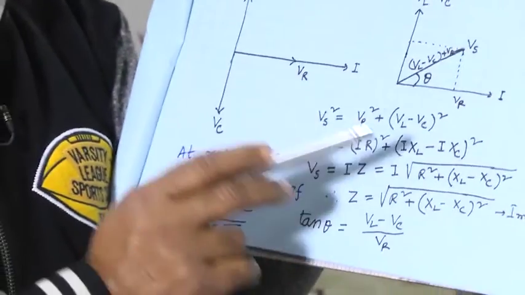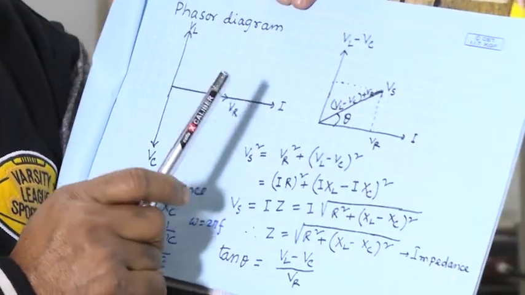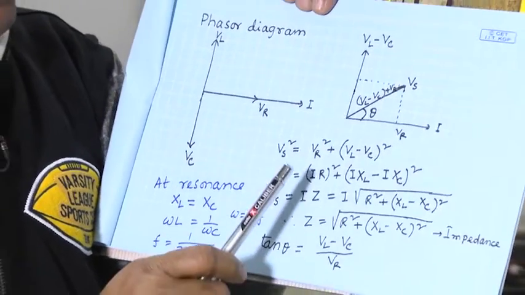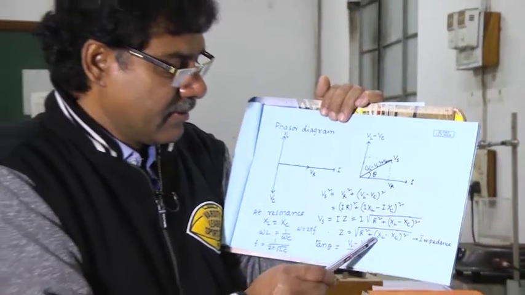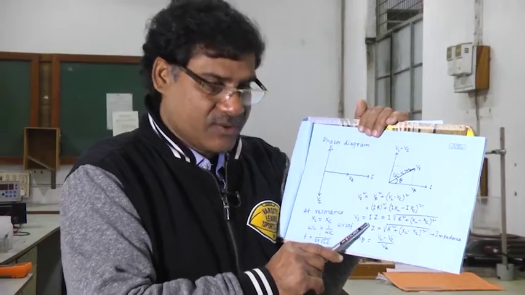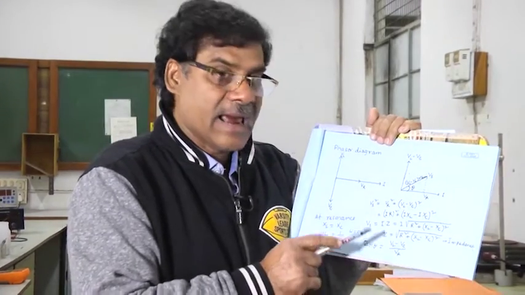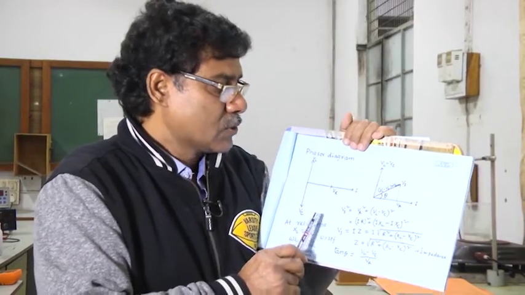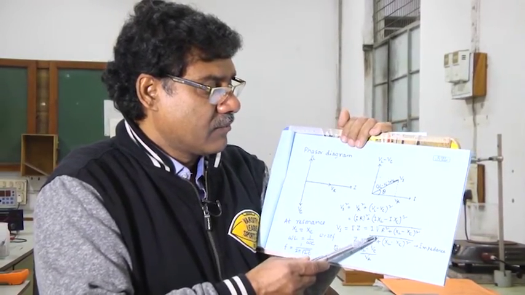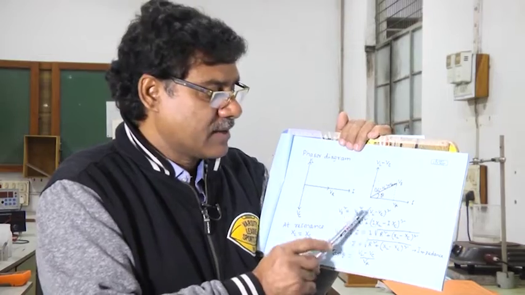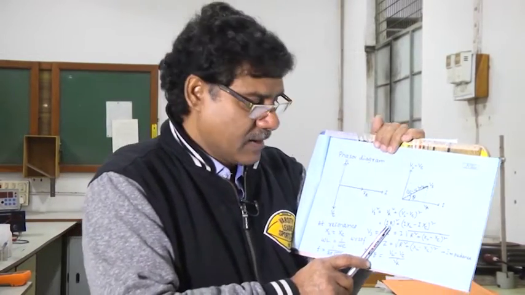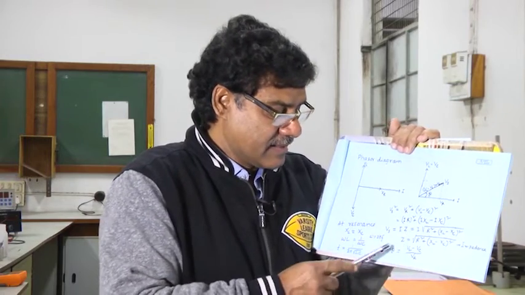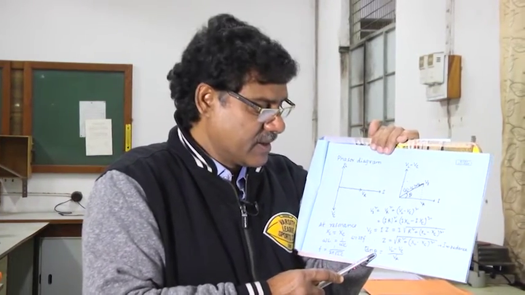So if you measure VL, VC and VR, then you will be able to calculate the impedance and also the phase, for a particular frequency. So current versus voltage or voltage versus current you can study, and from there you can find out the impedance or reactance and their phase.